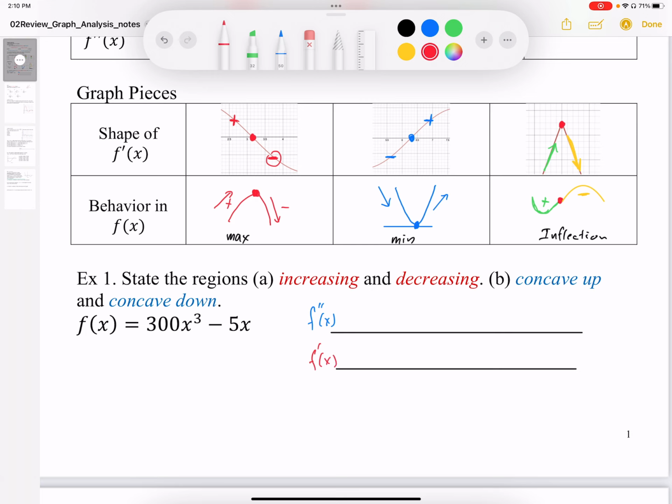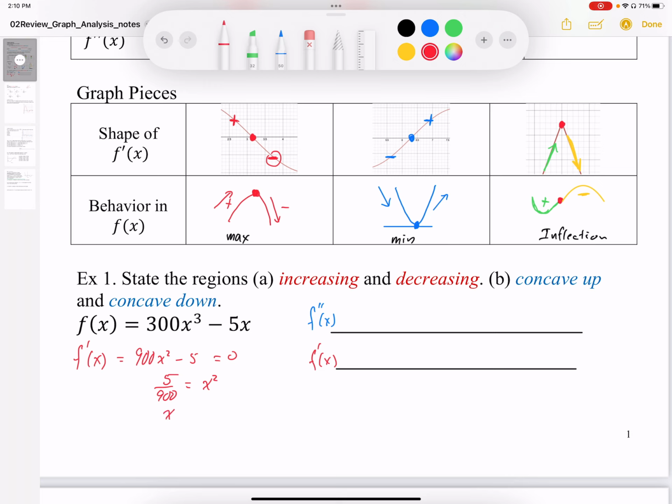So our first derivative, we're going to differentiate. We end up with 900x squared minus 5. We're going to make that equal to 0. In this case, 5 over 900 is equal to x squared.